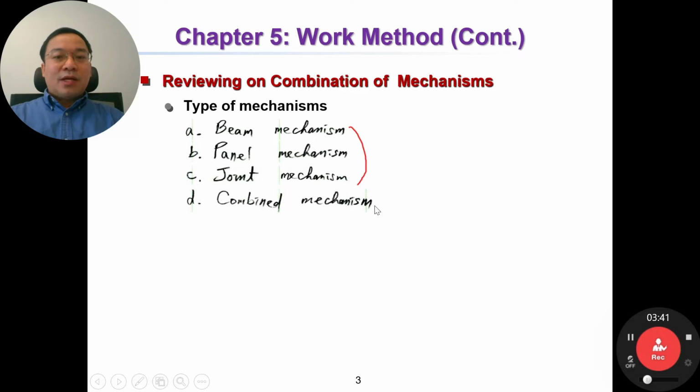Sometimes it is a partial combined mechanism because sometimes we combine only A and B, or B and C. If we combine all of the independent mechanisms of a given structure, then we have the full combined mechanism. Okay, full combined mechanism. Okay, good.